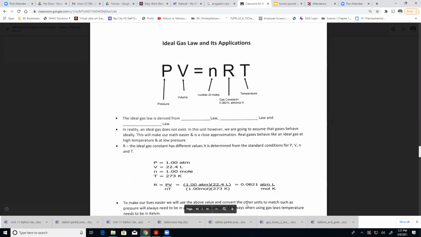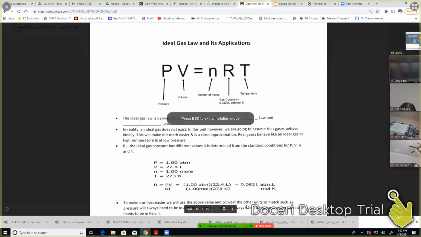All right. So in reality, an ideal gas does not actually exist. We talked about that right at the beginning of the notes. For our purposes, we assume there is an ideal gas or that real gases behave like ideal gases as we move through this unit. Real gases behave most like an ideal gas at high temperature and low pressure. We also said that at the beginning of our notes.